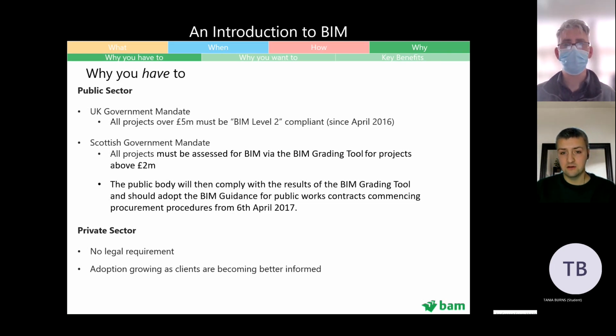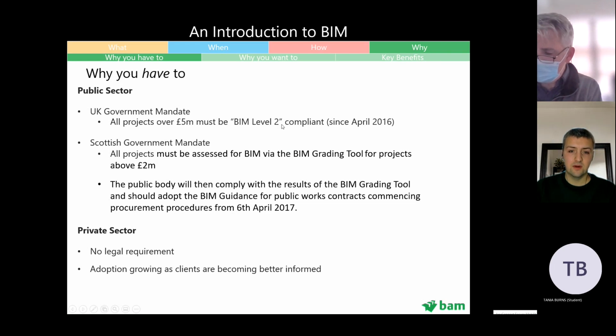The BSI standards just obligate the client, contractor and subcontractors to do things in a certain way, to manage information in a certain way, and that involves the 3D model as well. I'll touch on later why this is the most well-known term, BIM Level 2, but it's no longer current. It's out of date now.